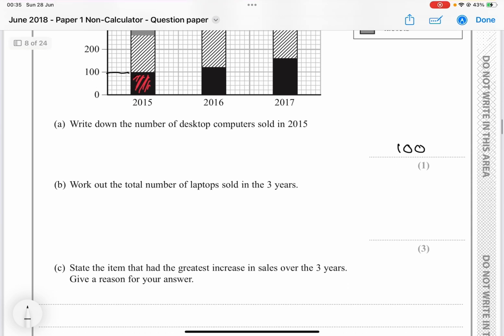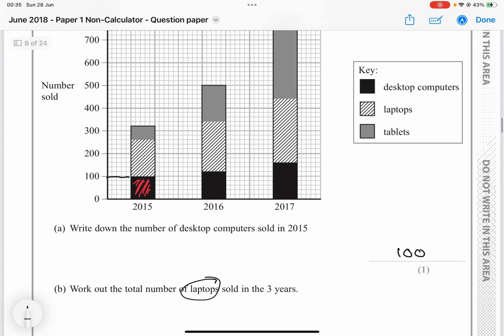It says work out the total number of laptops sold in the 3 years. So laptops is the striped bit, okay? Now, one thing where a lot of students go wrong is they think that the amount of laptops that this company would have sold starts from here.